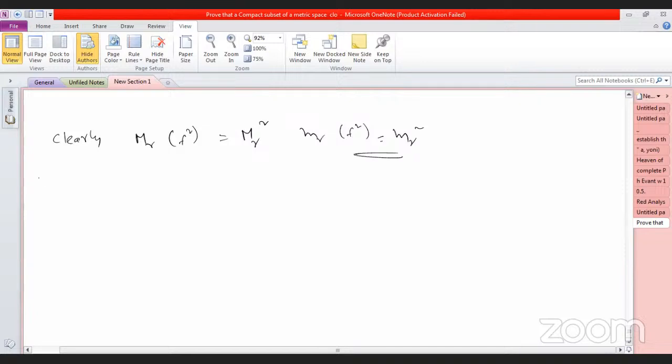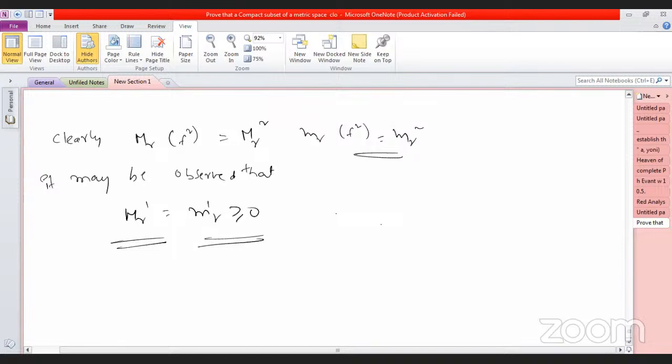It may be observed that Mr dash is greater than 0, because it is a supremum, it becomes greater than 0, right? Yes, sir. So f of x is greater than 0 in the rth subinterval. This is the rth subinterval we are taking.